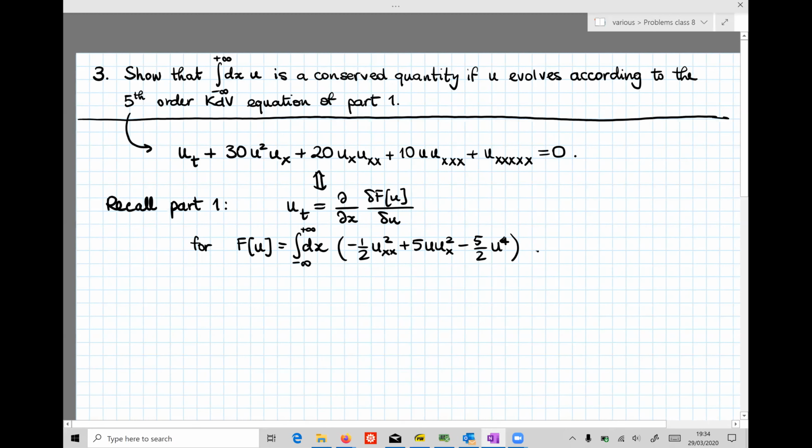Okay, so the functional derivative of capital F with respect to u is precisely the current that we computed in part 1.